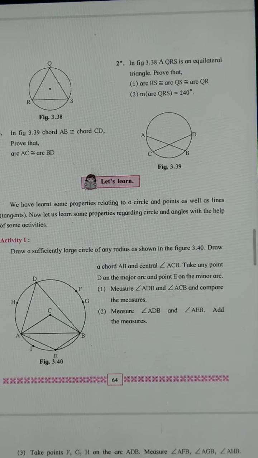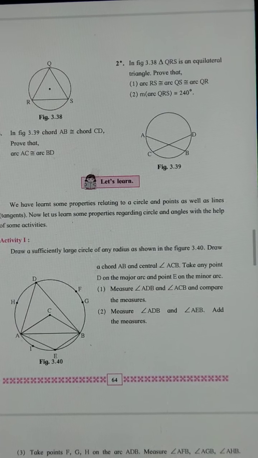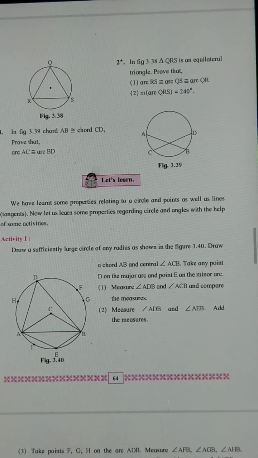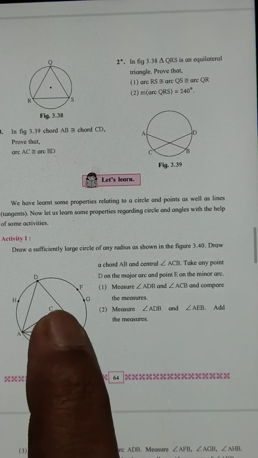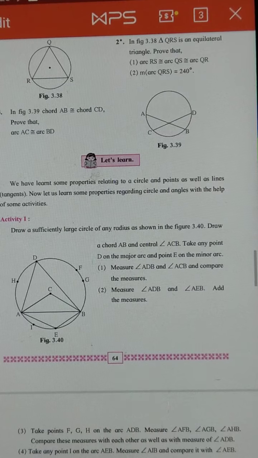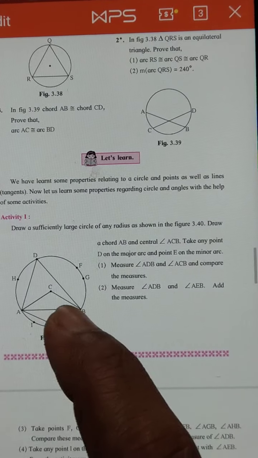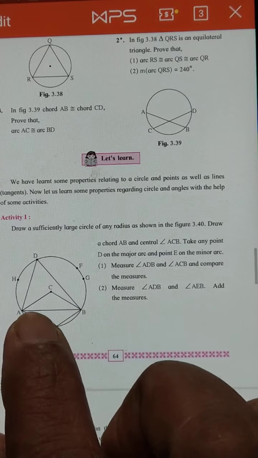So once again I am telling you, the measure of angle ACB is twice the measure of angle ADB.